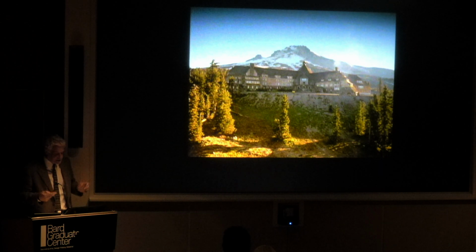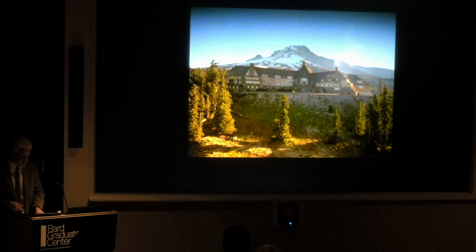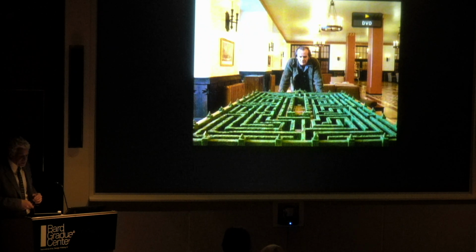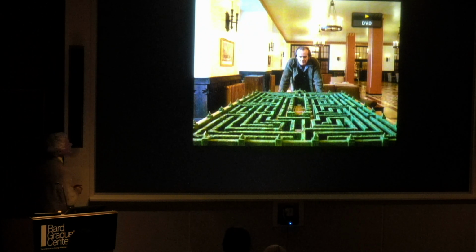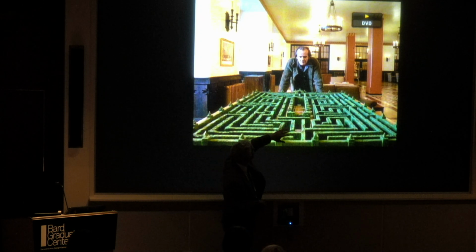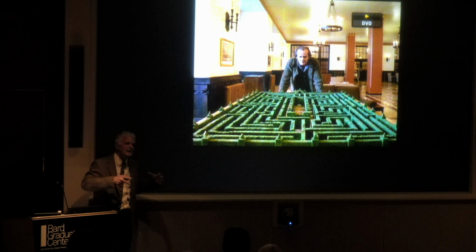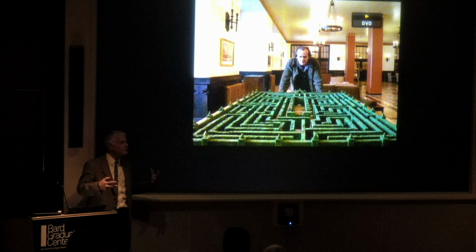So it's really clear what I think King is gesturing towards. So here you can see Jack Torrance, Jack Nicholson, who has this overview of the garden. And the book is slightly different from the movie.